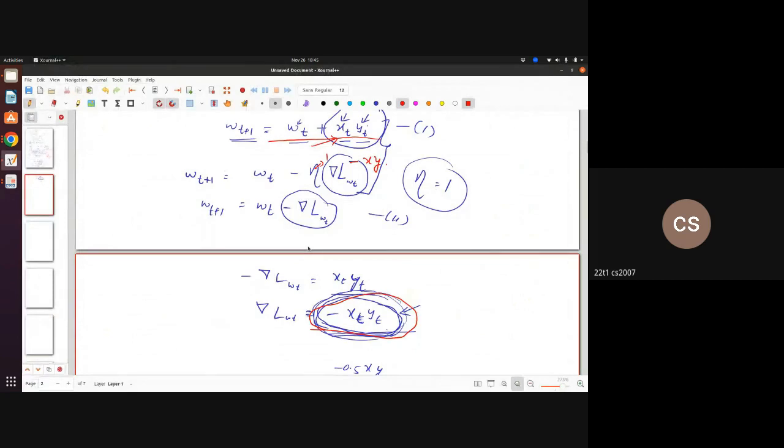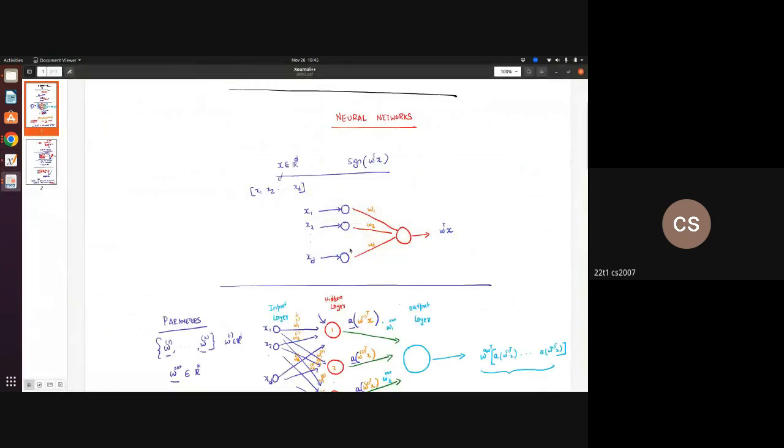In case of regression, we'll be comparing this W transpose X value with the actual Y value, right? And we'll compute the squared loss. Now, what is W transpose X? W transpose X we get from these weights W1, W2, WD, which are multiplied by whatever we get over here.